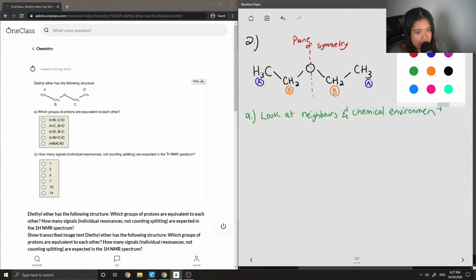So when we answer the question, which groups of protons are equivalent to each other, it's going to be A. Well, actually, I'll just follow the labeling that the question gives, just so that we're all on the same page. But I'll keep the same colors.